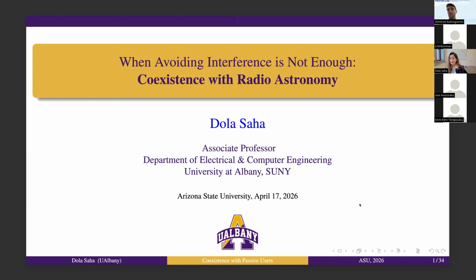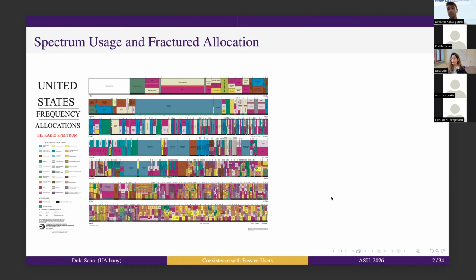Just to give a brief background, I think all of you have some familiarity with communication systems, right? Okay. This is a bit different because now we are going to look at coexistence issues. If you look at spectrum, this is the FCC spectrum chart.